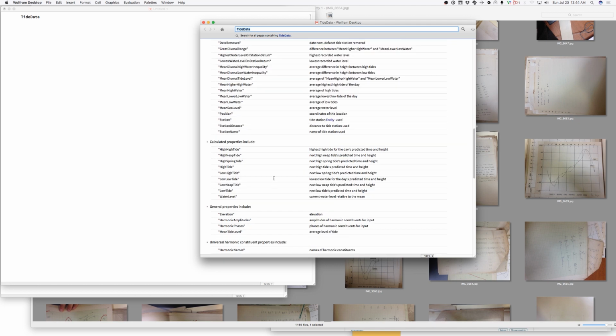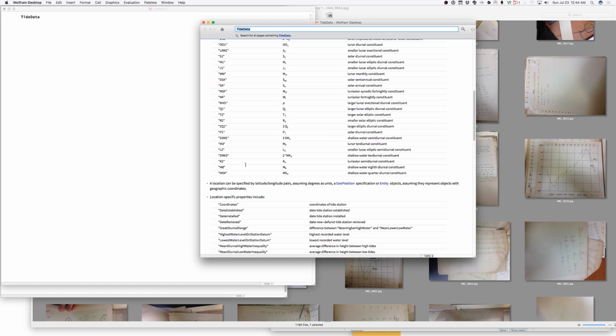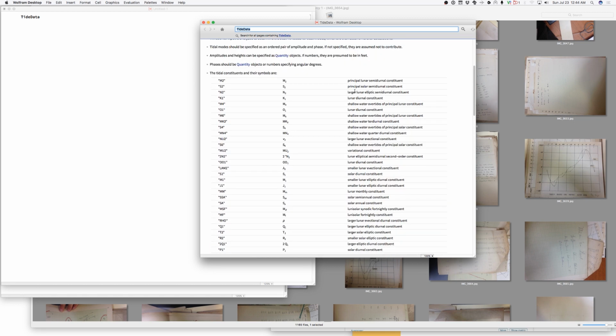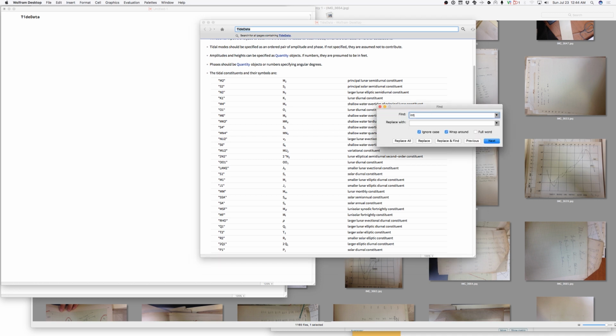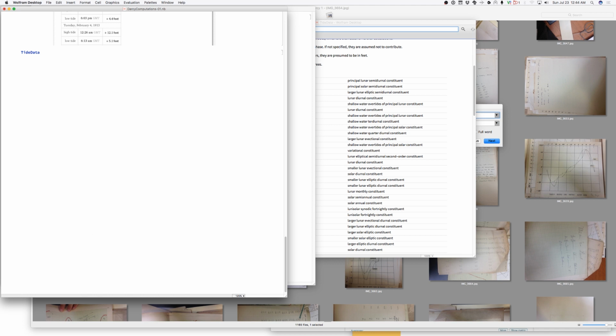I don't know what this is. So what on earth is the intertidal range? So there seem to be a lot of... Let's see whether the word intertidal appears. On the page, not found. That's a bad sign. Okay, so this was the mean intertidal range, and I wonder what that means.